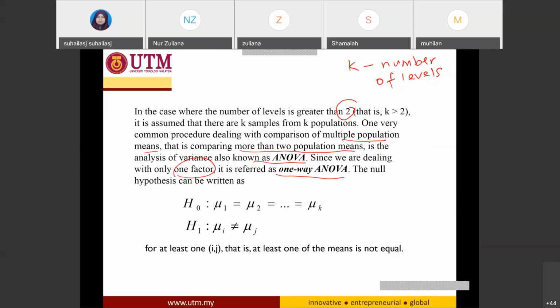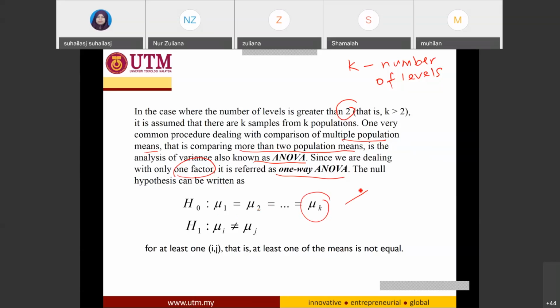Reflecting back on chapter 3 on testing hypothesis, we want to test whether the population means are the same or not. In this case, we set the null hypothesis, where mu is the population mean, as mu1 equals mu2 equals up to mu k.